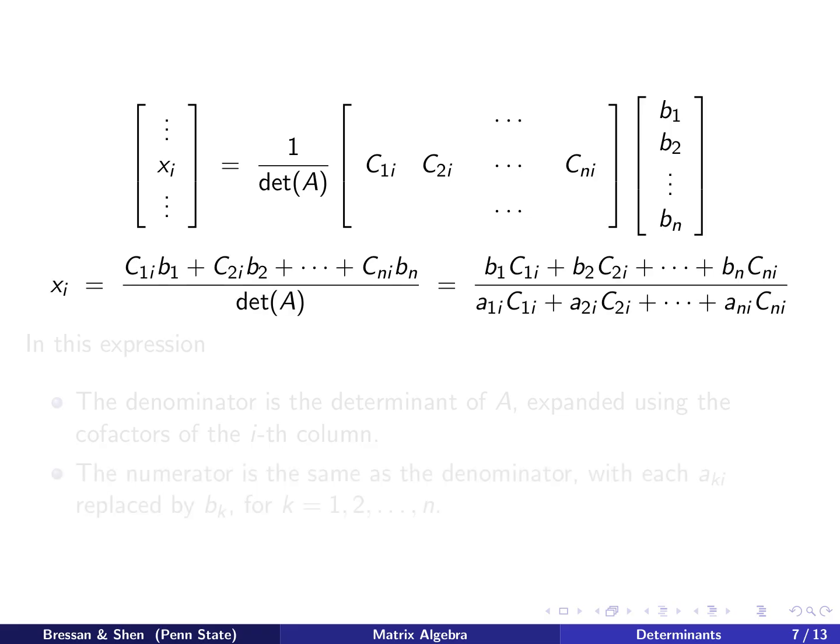Okay, so we see that, and this shows that xi is computed as this inner product divided by the determinant of A. That would be, let's write it out, C1i times B1 plus C2i times B2, all the way to Cni times Bn.